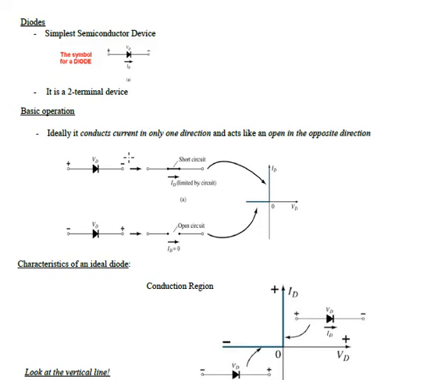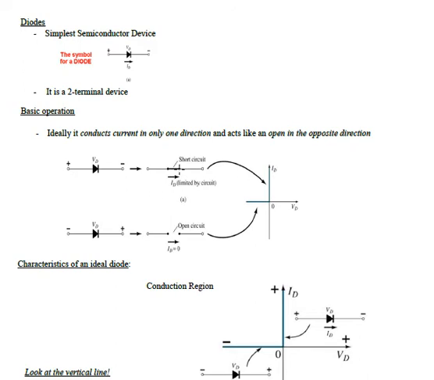We can operate it continuously in the direction of the current, and we can consider it as open circuited if it is in the opposite direction, the same as the properties of a switch.